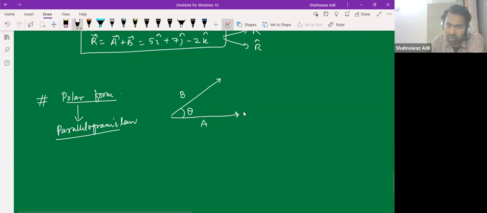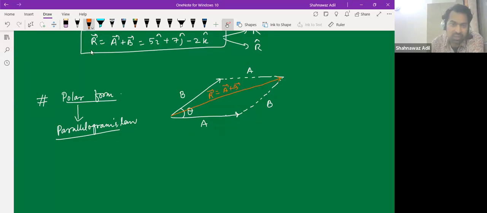Then from the head of the B vector, we make a line parallel to A. This is A, this is B. So this is a parallelogram, right? And if we join the diagonal, that would give the resultant, which is A plus B.